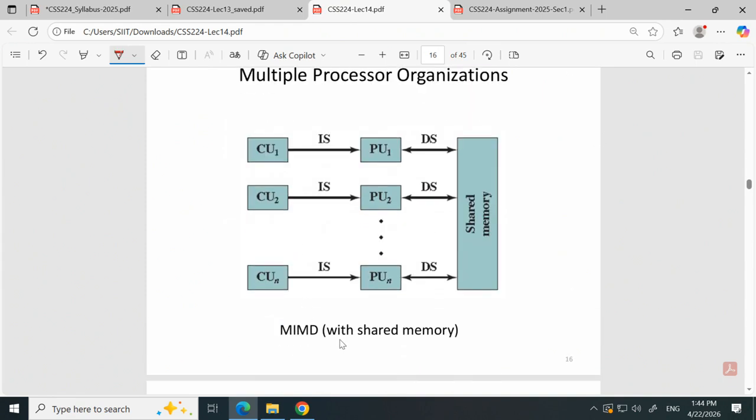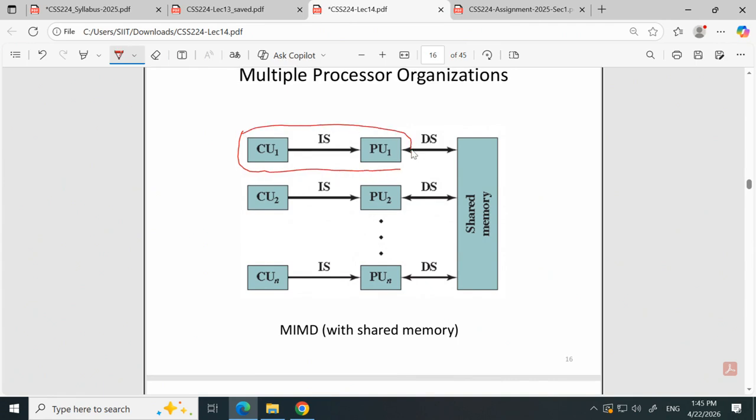Now MIMD for sure. And you can see this core, right? You combine these two units. If there are 3, we say 3 cores.